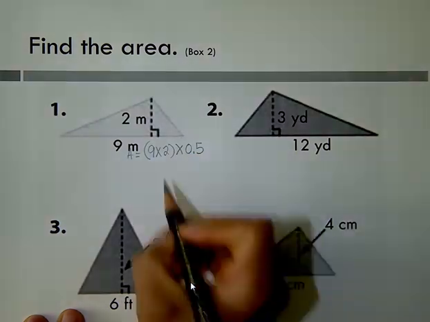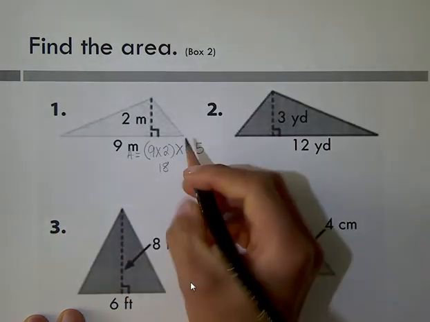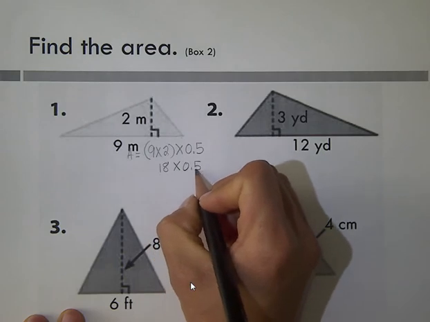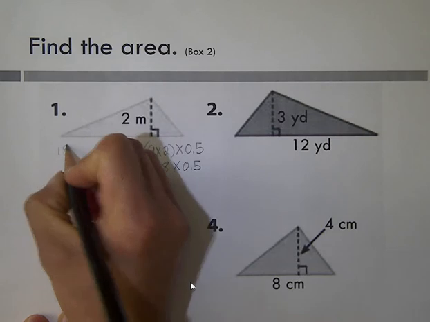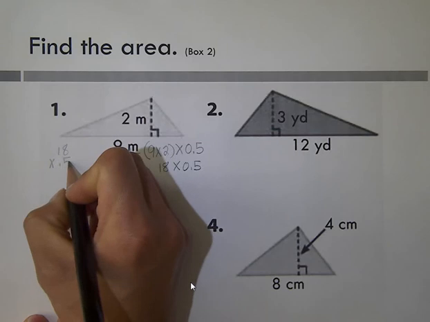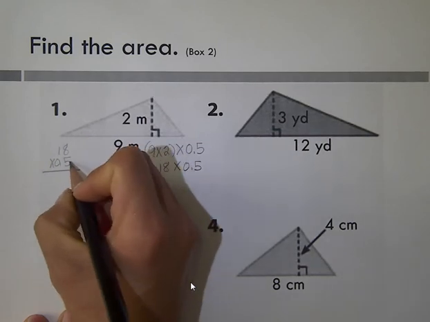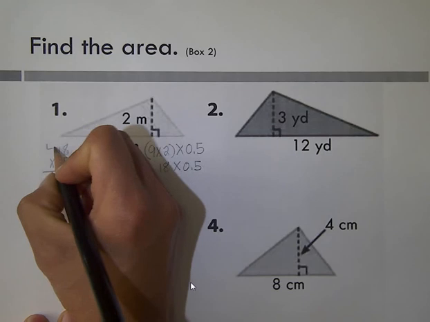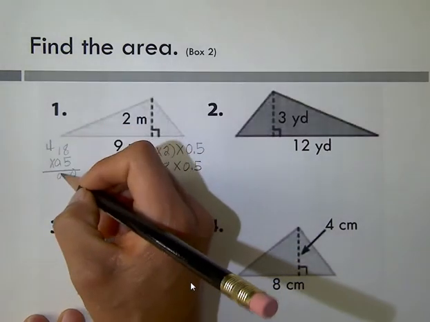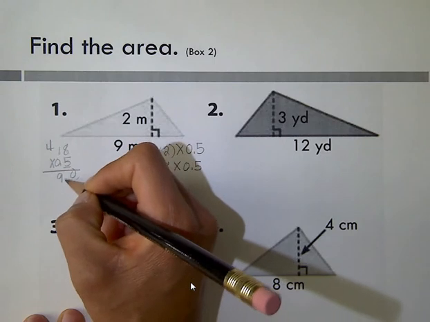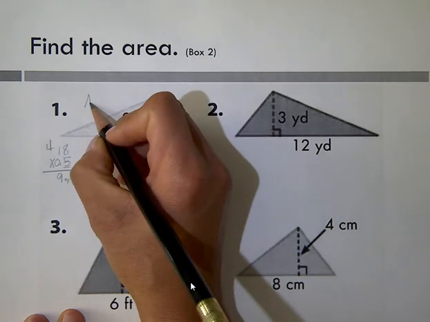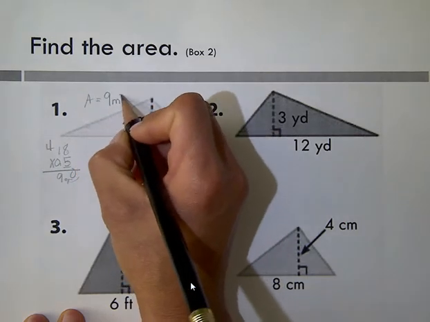Okay, 9 times 2 is 18. 18 times 0.5. 5 times 8 is 40, and 5 times 1 is 5, plus 4 is 9, and I have 1 decimal place right there. So the area of this triangle is 9 meters squared.